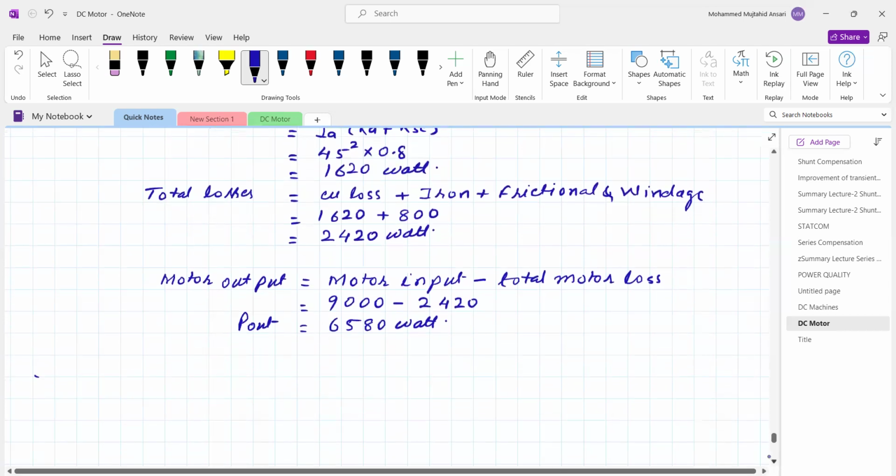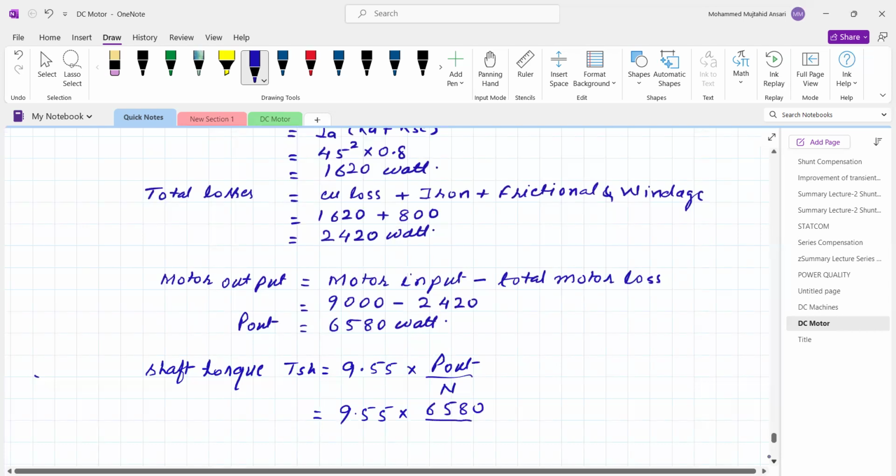So what is the shaft power? The shaft torque TSH is equal to 9.55 into the power output of the motor in watt divided by speed in RPM. So 9.55 into 6580 divided by speed.